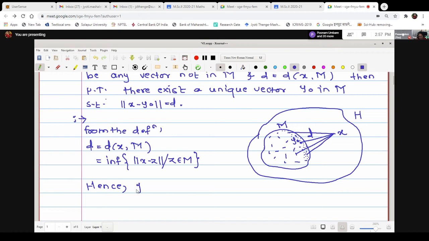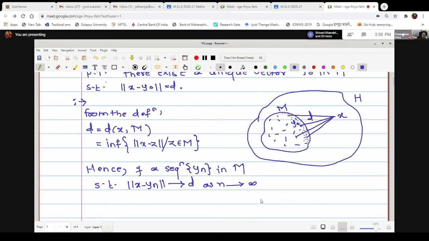Hence, there exists a sequence yn in M such that norm of x minus yn is tending to d as n tends to infinity. Correct now? I think everyone got this point?